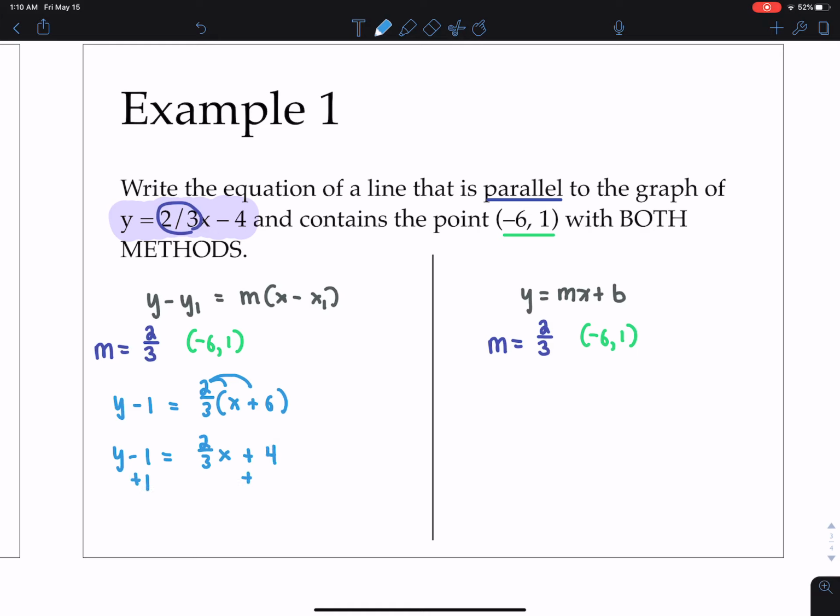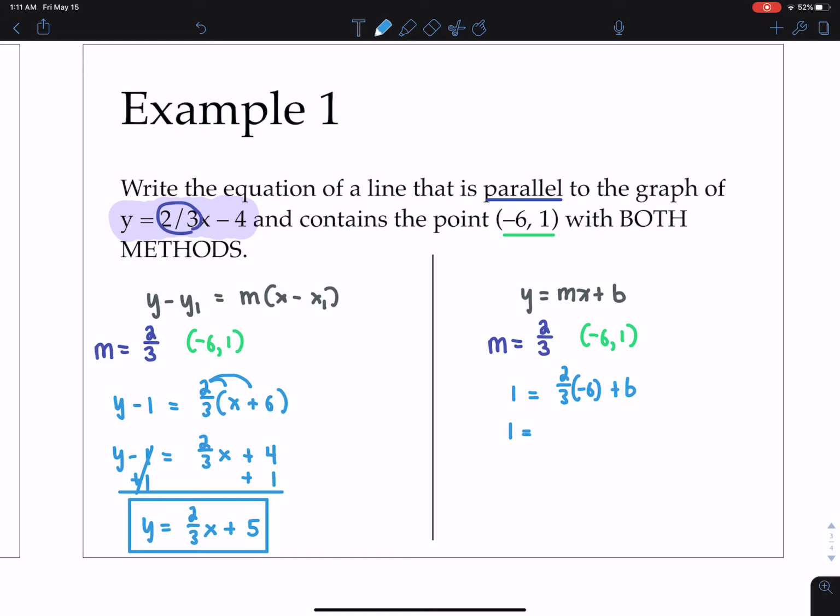And then add 1 to that, and we get y equals 2/3 x plus 5. So there's method 1. Method 2, slope-intercept form. In this case, we have 1 equals 2/3 times negative 6 plus b.